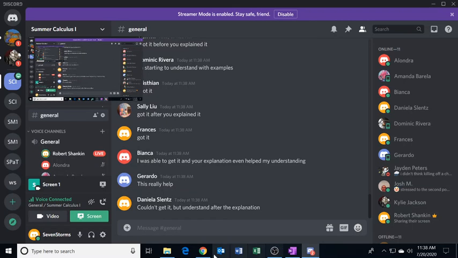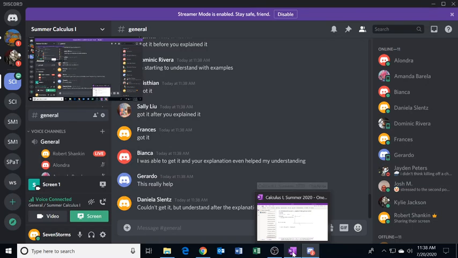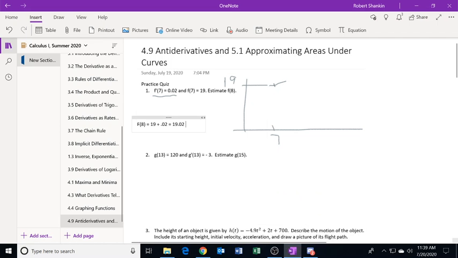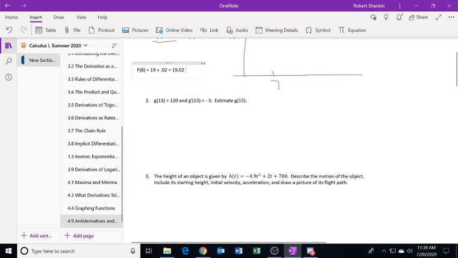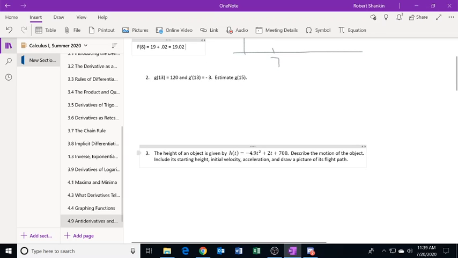All right, now let's go to number 2. G of 13 is 120. G prime of 13 is negative 3. Estimate G of 15.